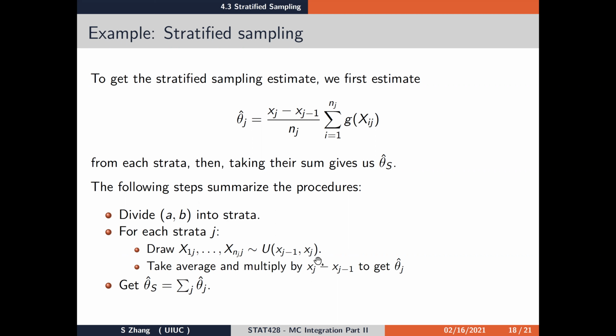And then after this, we will take the average of the g(x_ij)'s and multiply it by the interval width, x_j minus x_{j-1}, to get the theta hat for the jth stratum. The last step is just to sum them together. So by summing up the theta hat j's, we get our theta hat s.